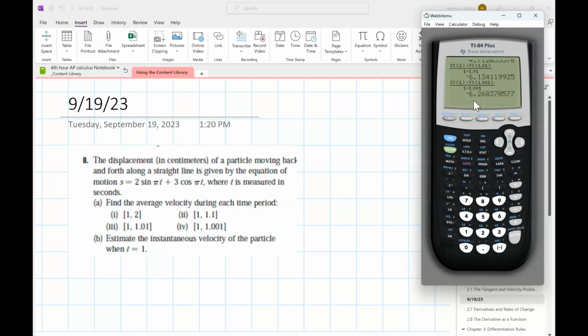So that's that. If I'm looking at the sequence of numbers, we go from 6 to negative 4.7 to negative 613 to negative 626. Looks like we're heading to maybe negative 2 pi. That would be my guess, looking at that sequence of numbers.